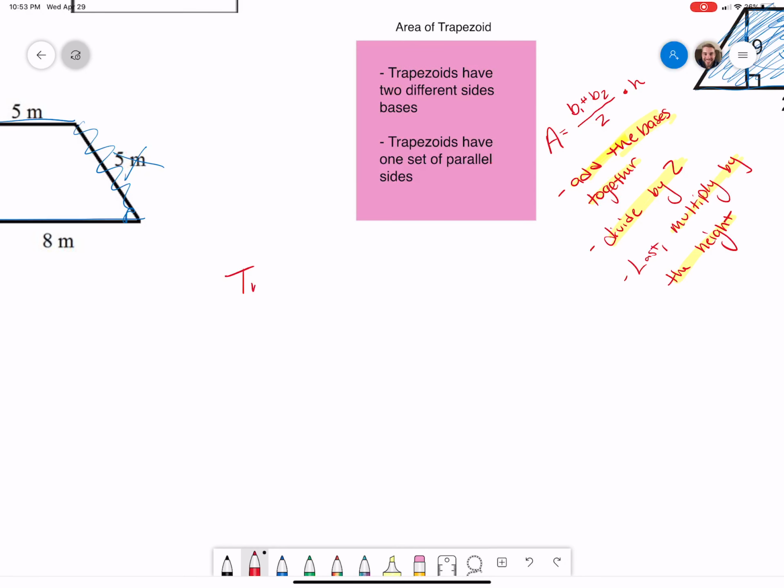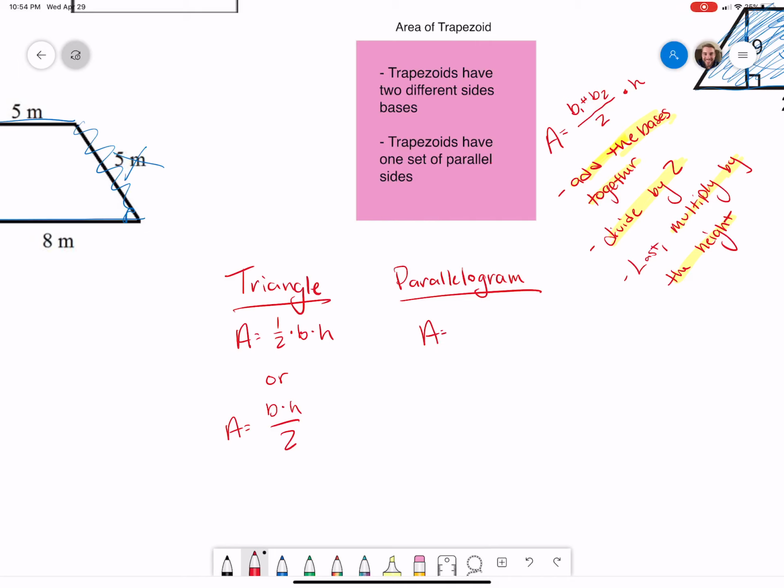So for a triangle, area equals 1/2 times base times height, or area equals base times height divided by 2. So for a parallelogram, area equals, this is the hardest one, base times height.